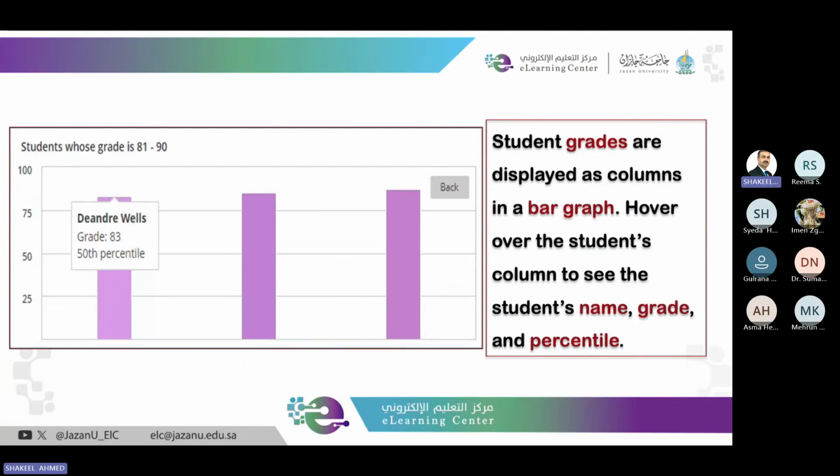In addition to the grade distribution graph, we can also view students' results in a bar graph format. Each column here represents an individual student's grade within the selected range. By hovering over a column, we can see details such as the student's name, exact grade, and percentile ranking.